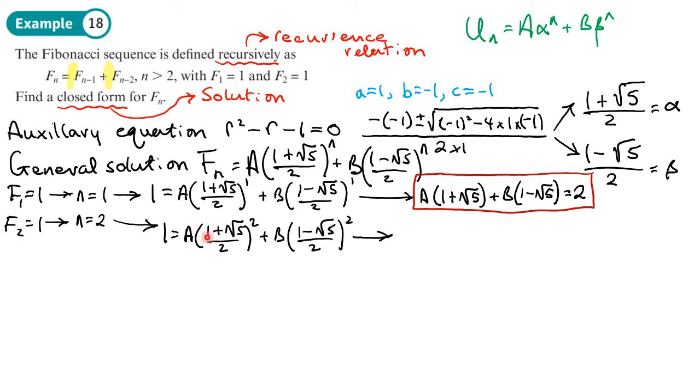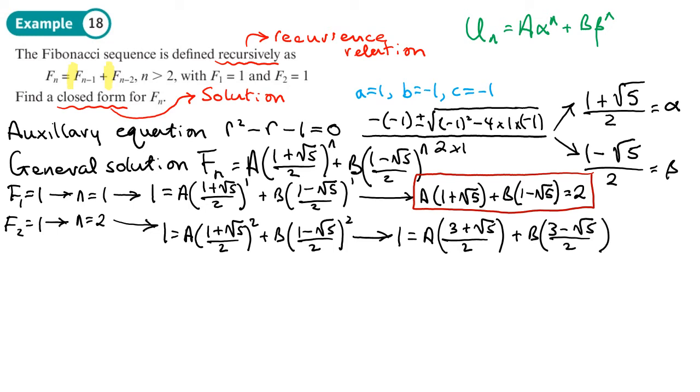Now, if I use my calculator to work out these bits here, the first part, if I square it and it's divided by 2, will just become 3 plus root 5 over 2, and then the second one will become 3 minus root 5 over 2.